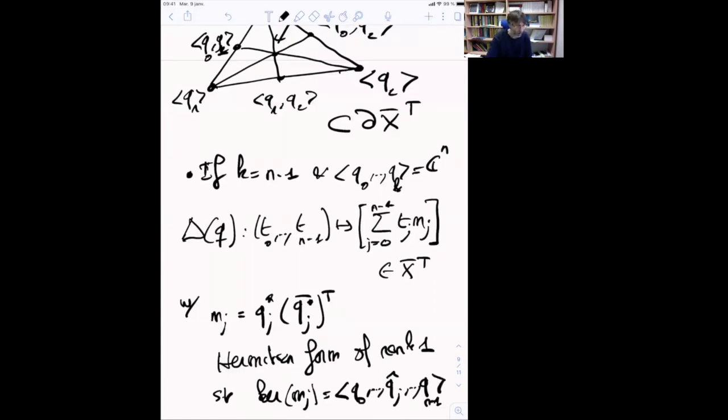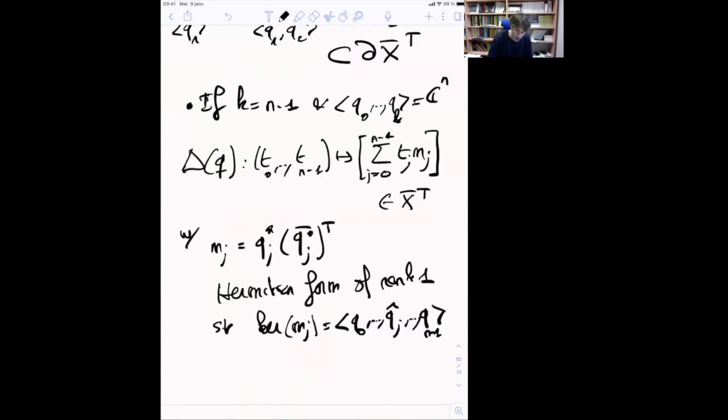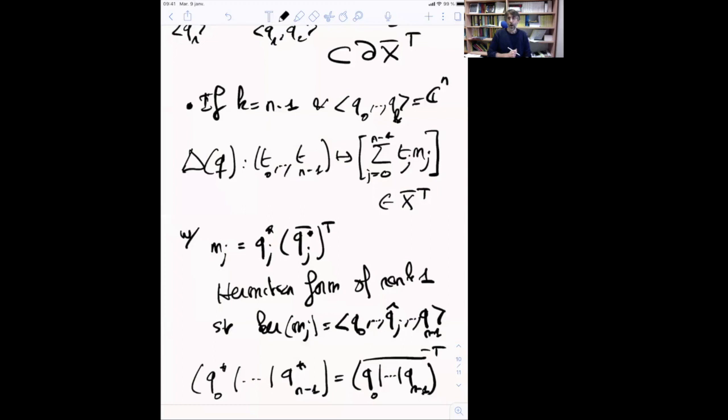And in fact, to have a formula, let me just say that I define the Qi star as the inverse transpose of the matrix with columns the Qi. But the important thing is that it is a rank 1 Hermitian form with this kernel.